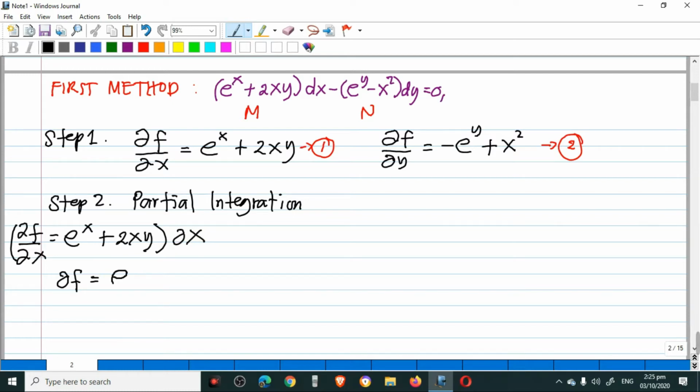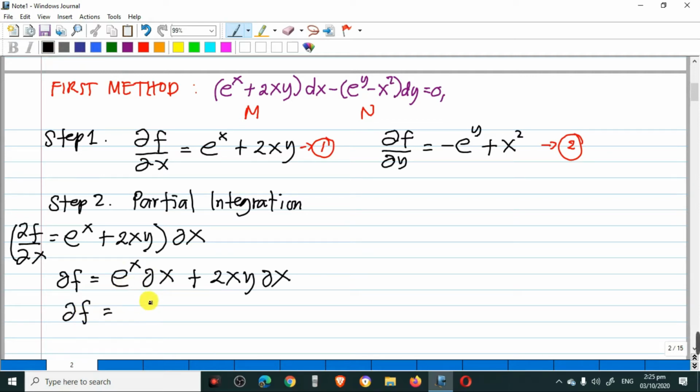So this is equals to e raised to x multiplied by the partial derivative of x, then plus 2xy, then multiply this by the partial derivative of x. Next, let us arrange first. Let us factor out our constants. So this is the partial derivative of the function.